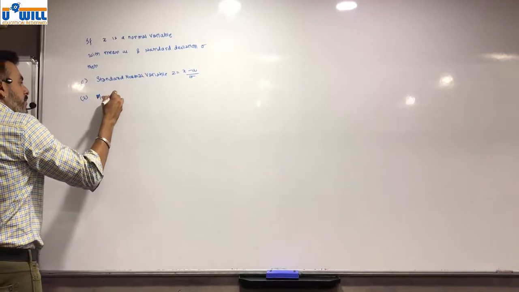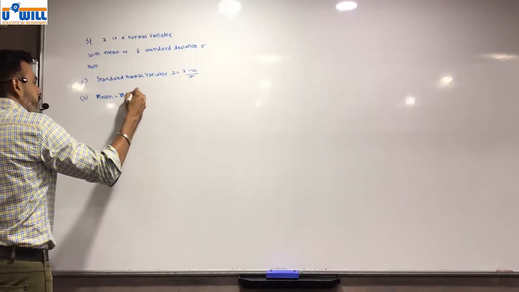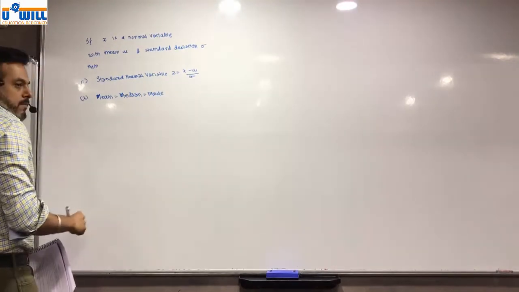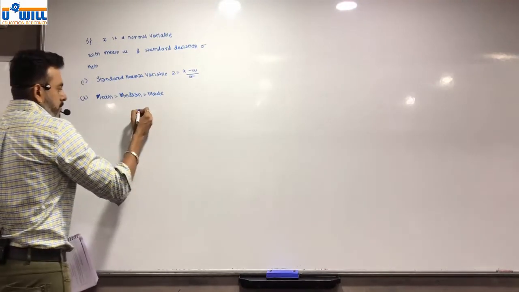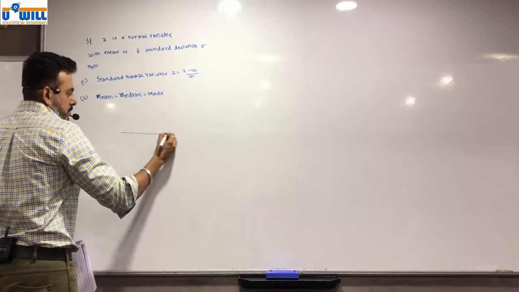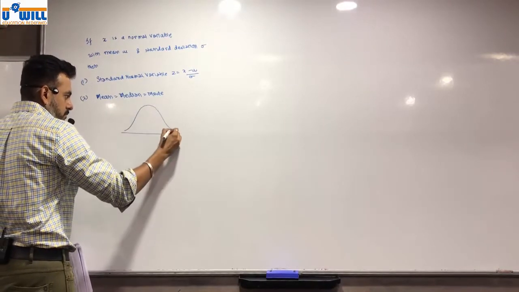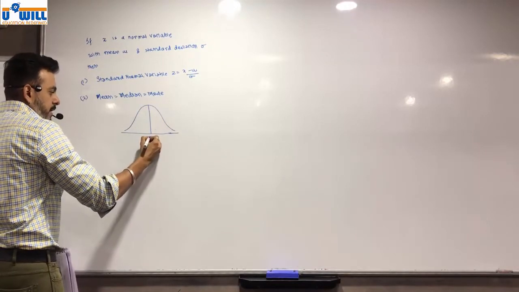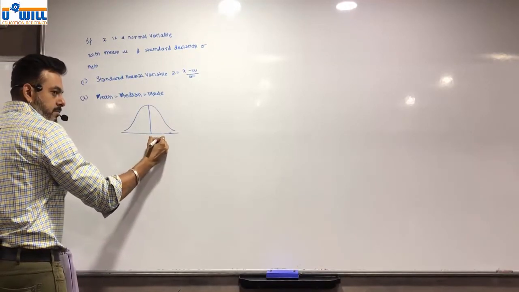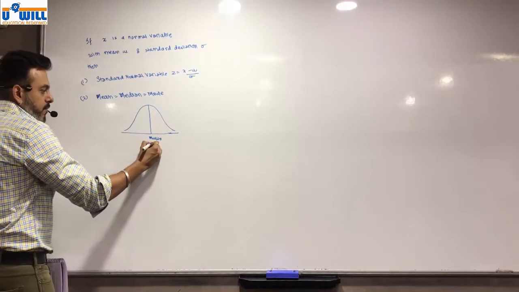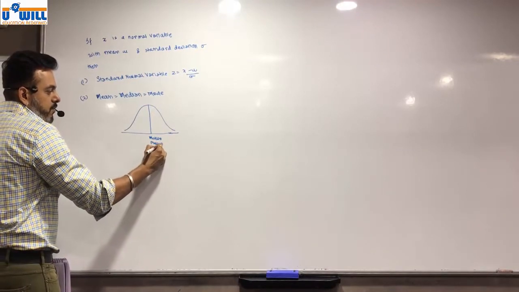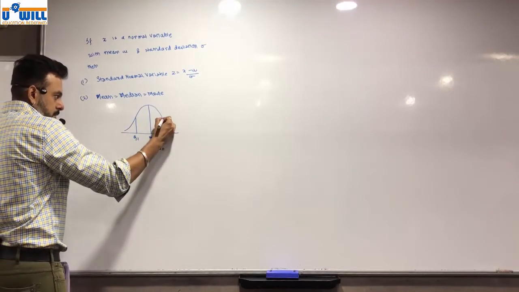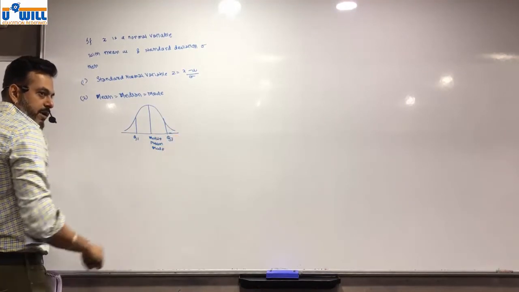Mean equal to median equal to mode. Pay attention. Can I say this is median, which is equal to mean, is also equal to mode, and this is Q1 and Q3.